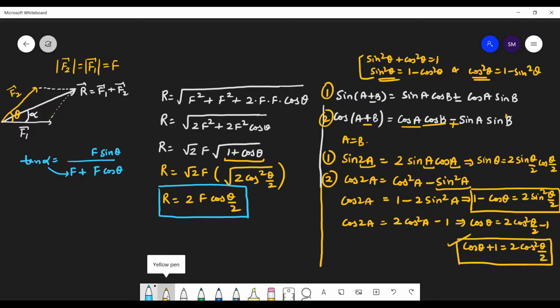Now you can cancel out dividing numerator and denominator with f. Now again you get sin theta and 1 plus cos theta. What is 1 plus cos theta? Again this formula. What is sin theta? You have this formula for sin theta.